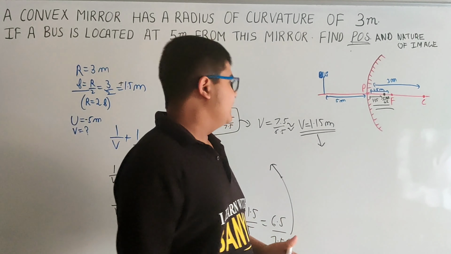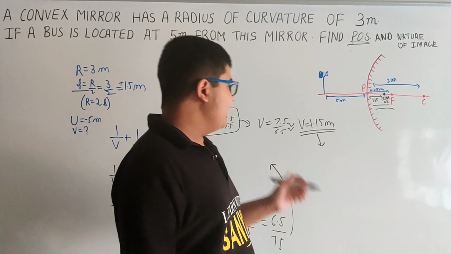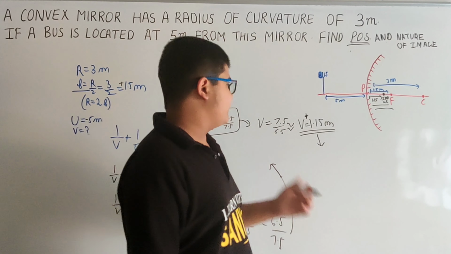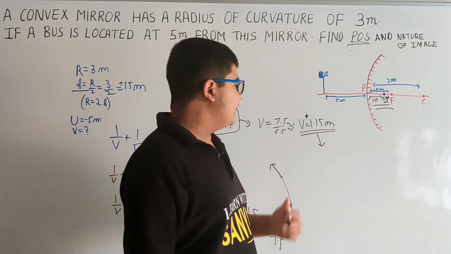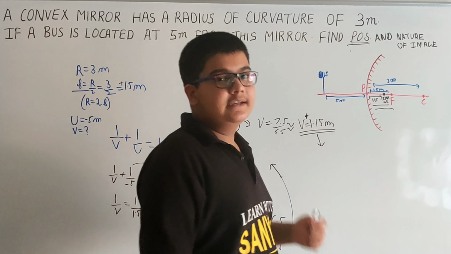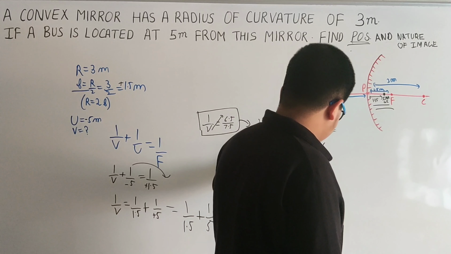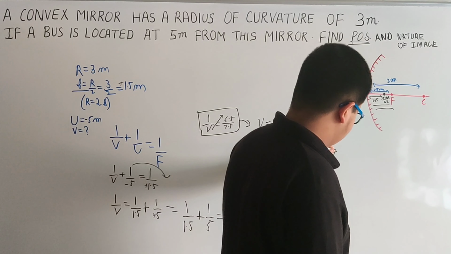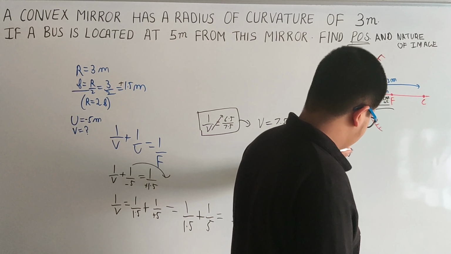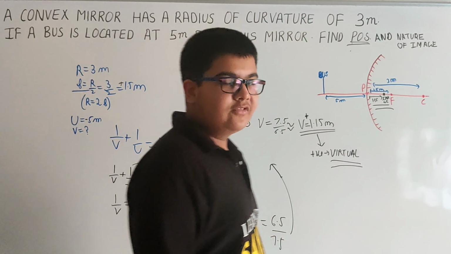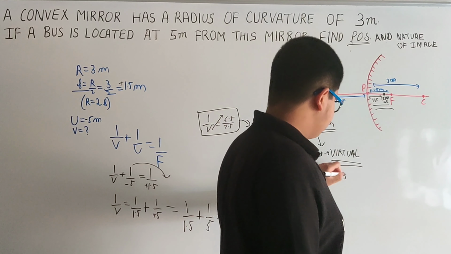For nature, I just told you that whenever there is a positive sign with the v, then always a virtual image is formed. So positive sign means virtual image. And as a virtual image is formed, always a virtual image is erect.